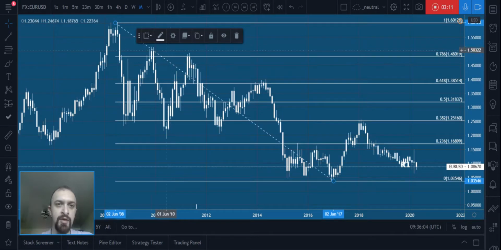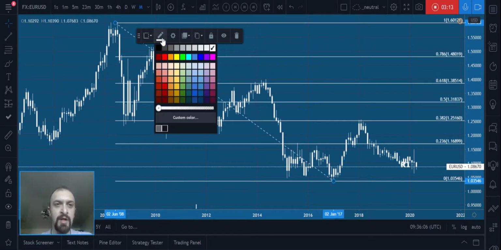You need to use different colors for different time frames and levels of Fibonacci, because on higher time frames these levels are much stronger, because they are long term.